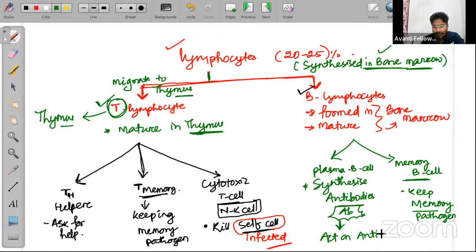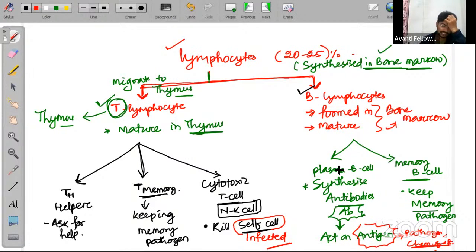Act on antigen. Now the question will arise, sir, what is antigen? Right? Antigen is nothing but it can be direct pathogen or chemical that is synthesized by pathogen. Right?